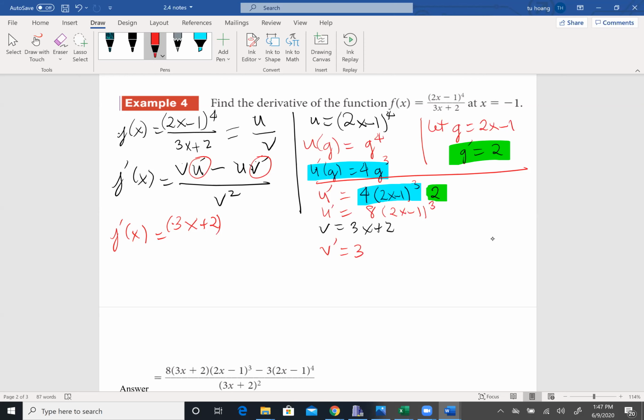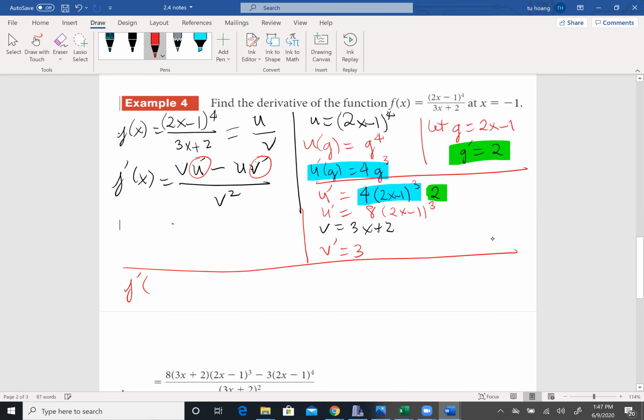I think I need more space. So I need to say f prime of x will be equal to what? V is 3x plus 2, times u prime, which is 8 times 2x minus 1 cubed.